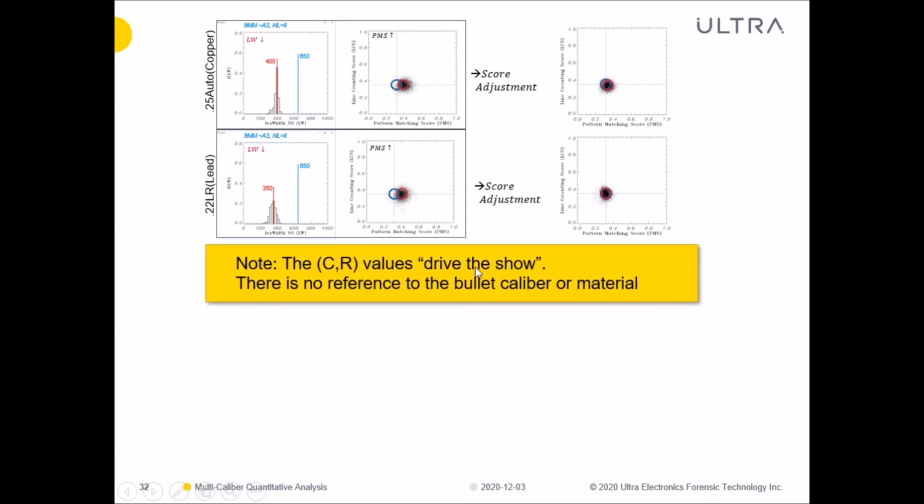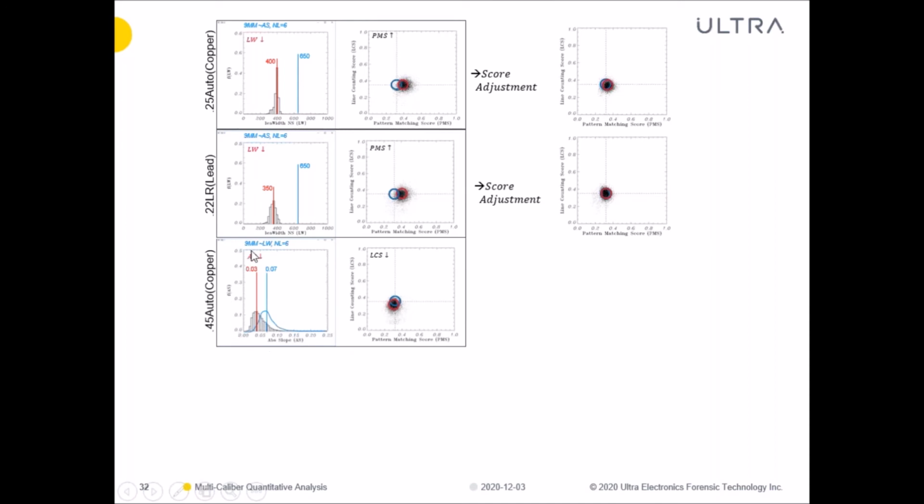The CNR values actually drive the show. There's no reference whatsoever to the bullet caliber or material in the score adjustment process. For 45, it's slightly different. We have about the same land width and same number of lands than 9mm. The major difference is the slope, and as we have seen, the consequence is much lower line counting score. If we apply the score adjustment process, it brings back the non-matching score in the middle of the blue circle.